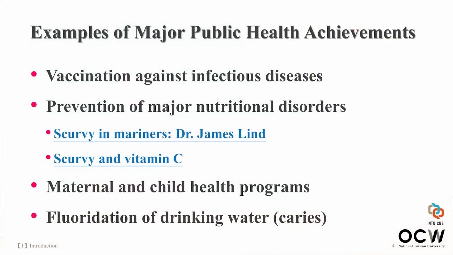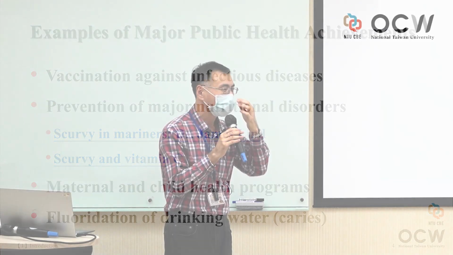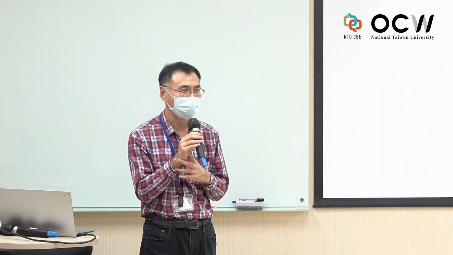The other example is the prevention of nutritional disorders. Do you know that before World War II, we didn't really have a clear idea about vitamins? But after World War II, we had more idea about the essential components from food or supplements, which could be helpful to prevent or treat some specific diseases.